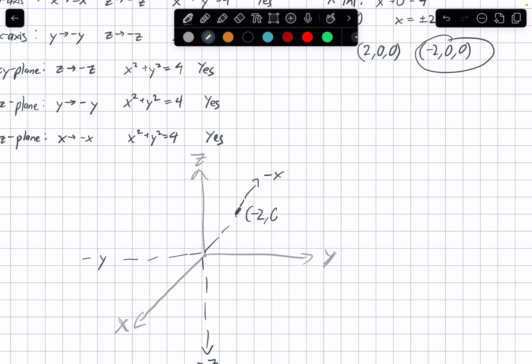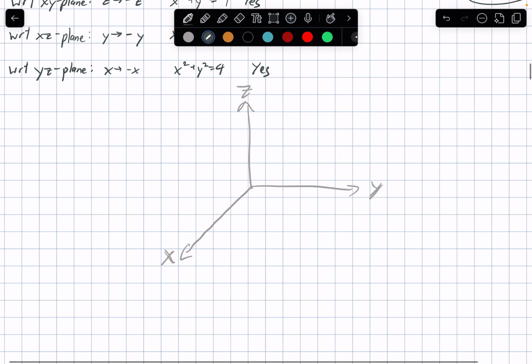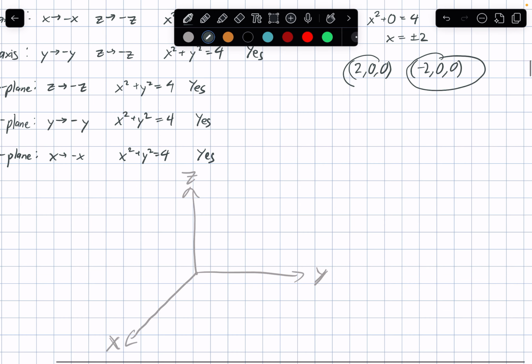Let's assume this is negative 2, 0, 0, like this distance is negative 2. We don't actually mind that when we illustrate the traces as well as the sections for later. And 2, 0, 0 is basically found here, right?